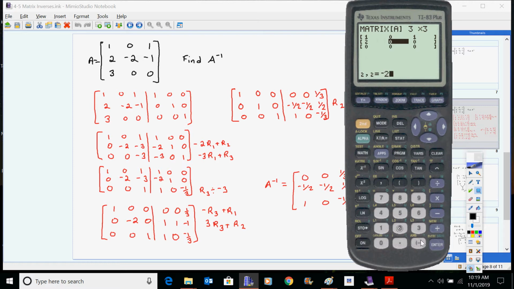When you do the negative, make sure you use the negative, not the minus button. I'm going through. And the 0 and the 0 are already here. So in order to find the matrix, then, everybody have it loaded in almost? I'll wait for a second.